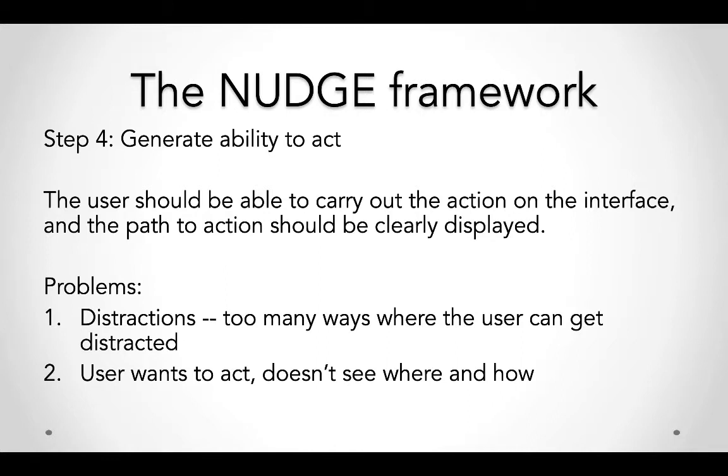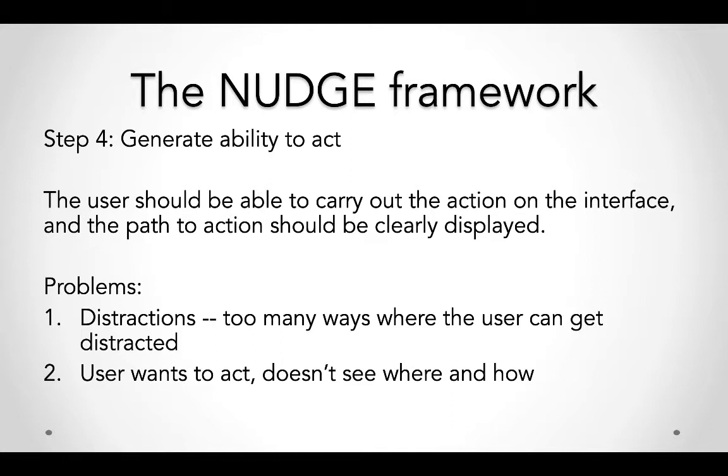Step 4, if you made it so far, if the costs are less than the benefits, obviously you're more convinced that you're in the right place, the place being an online interface, and now you want to act, you want to do something, you want to purchase, you want to buy the product, right? So you're looking for how to do it and can you do it?